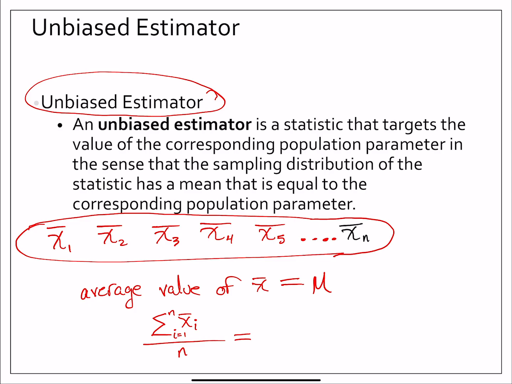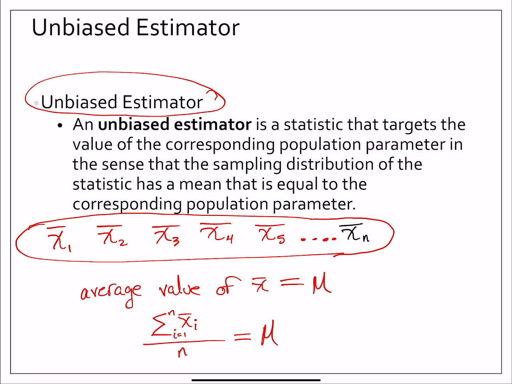Don't get scared by the math, all this is doing is taking the average. That's how we would mathematically write taking the average. If we take the average of all of our x bars, and we get the population mean, then guess what? The mean is an unbiased estimator.